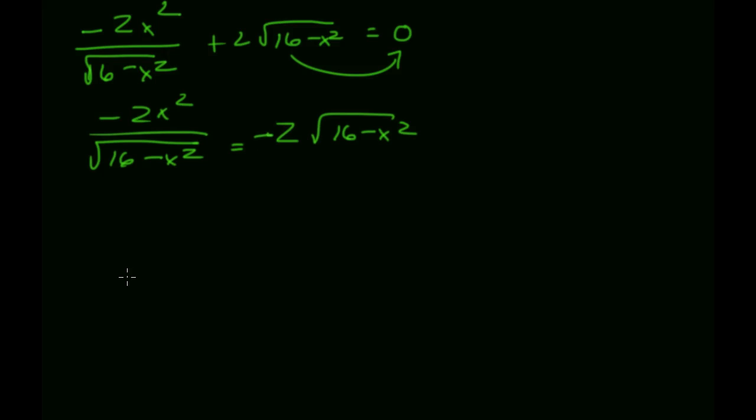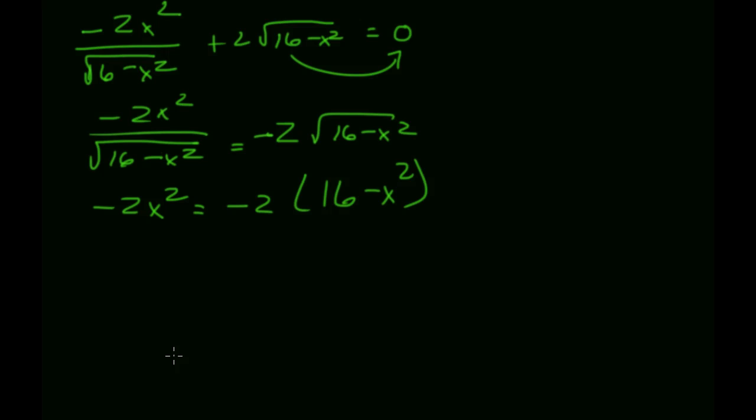That's negative, right? And, let's see, I think at this point, because we can't let x equal 4, because then the whole thing goes to 0, I can multiply both sides by the square root of this. It's going to give me 2x squared is equal to negative 2 times 16 minus x squared. Pretty straightforward there.